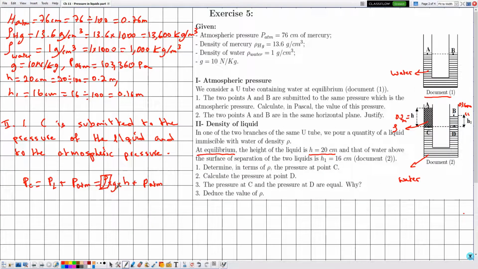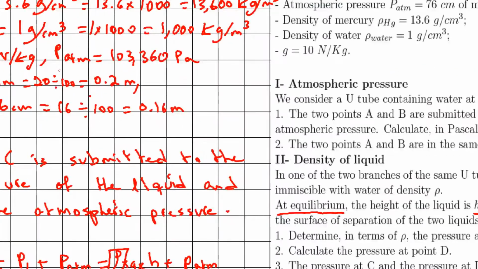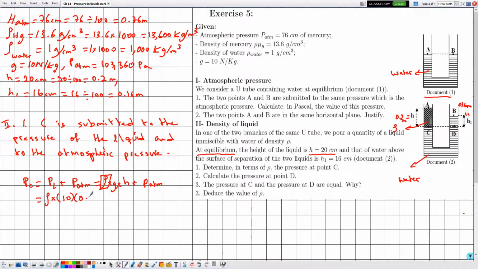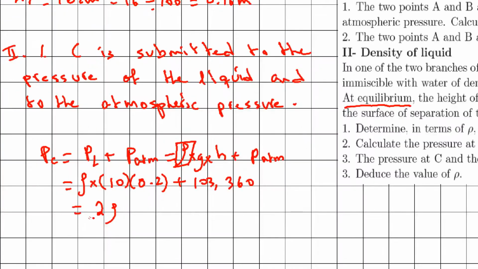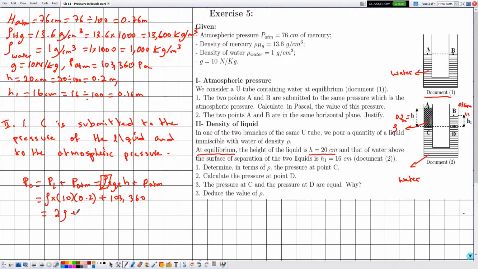Moreover, we don't know the value of rho. So rho times G, the value of G is given by 10, the value of H is given by 0.2, plus the numerical value of atmospheric pressure, which is given by 103,360. Now 10 multiplied by 0.2 is 2, so 2 multiplied by rho, plus 103,360.